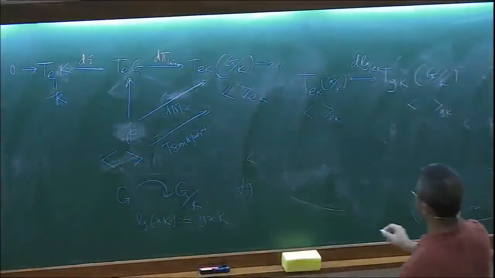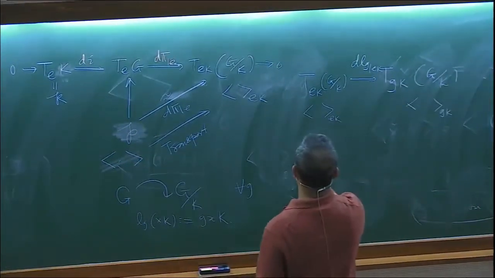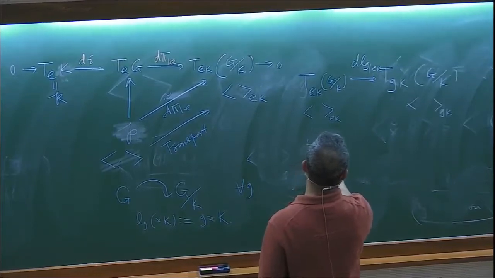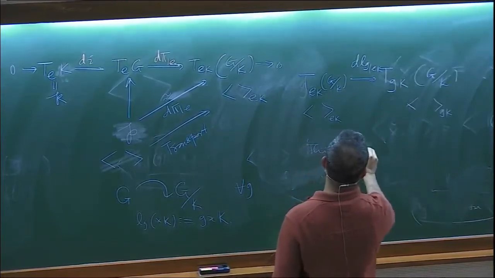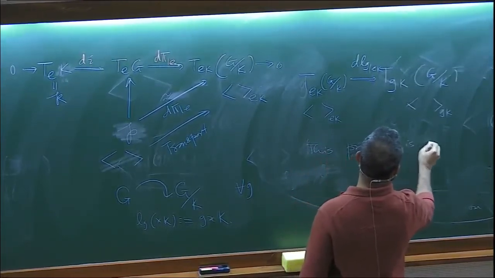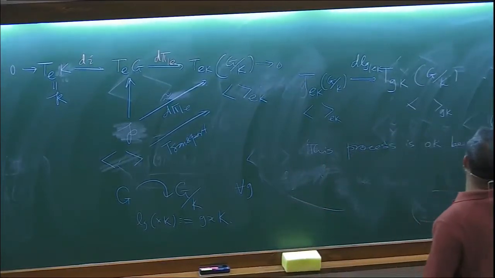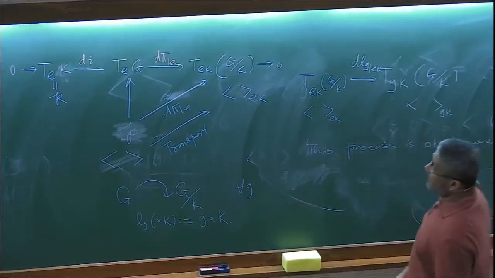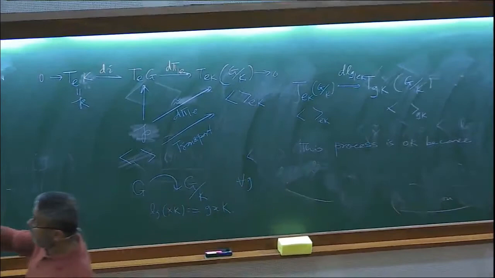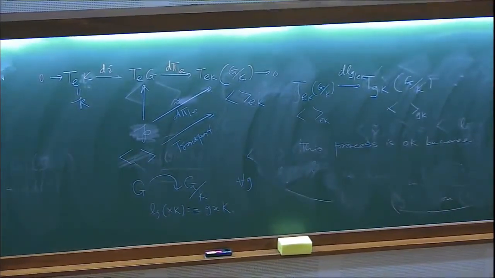So this assignment of an inner product to gK is a well-defined process. There is no confusion. This is because this P is Ad K invariant.